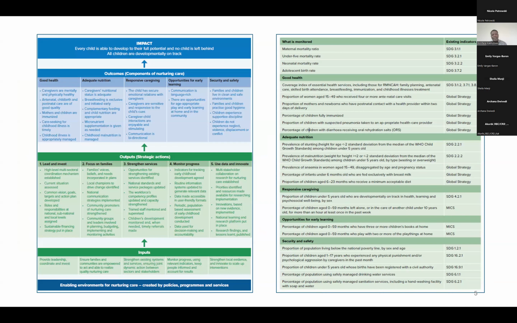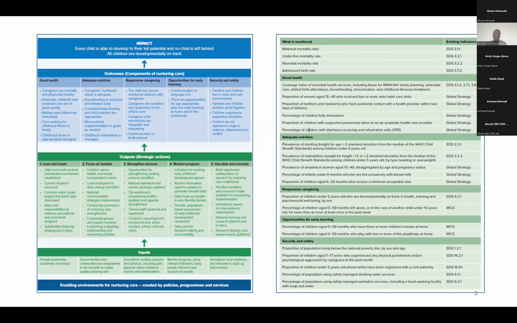You may not see much of this, but don't worry, because I'm going to expand in the next slide. Suffice to say, on the right, we have 24 indicators. You may not be able to read them, but these 24 indicators are not actually new; they were already existing indicators.